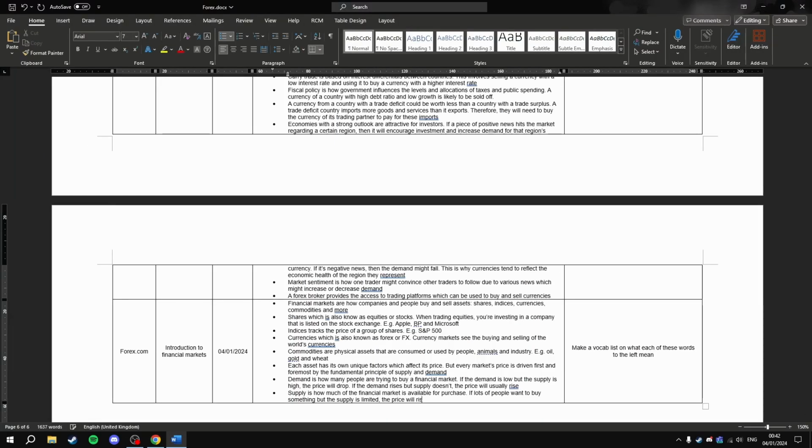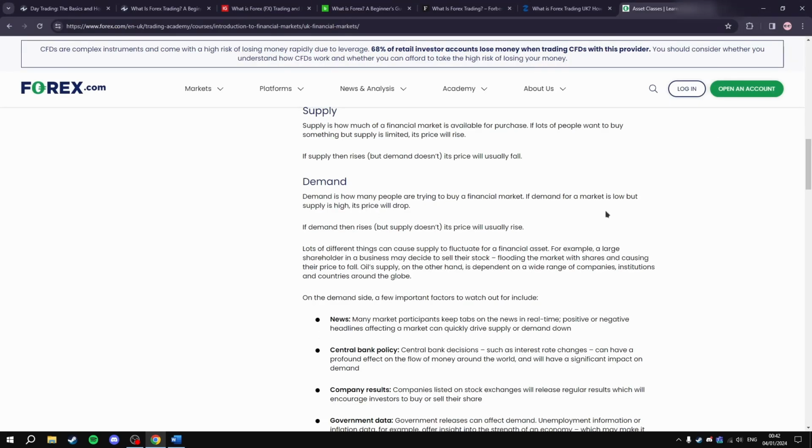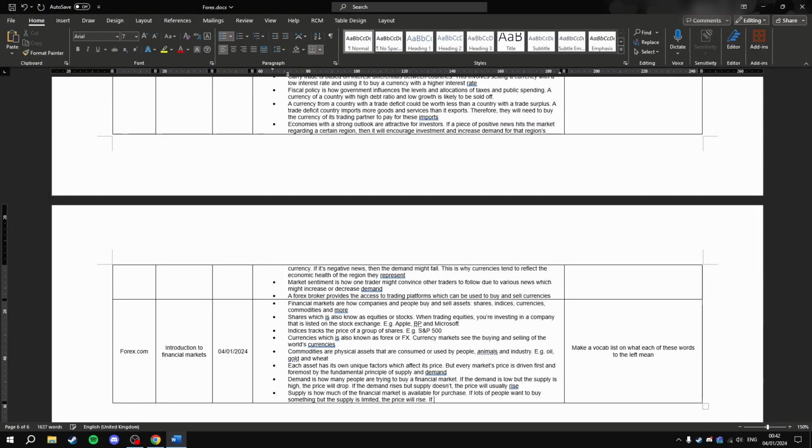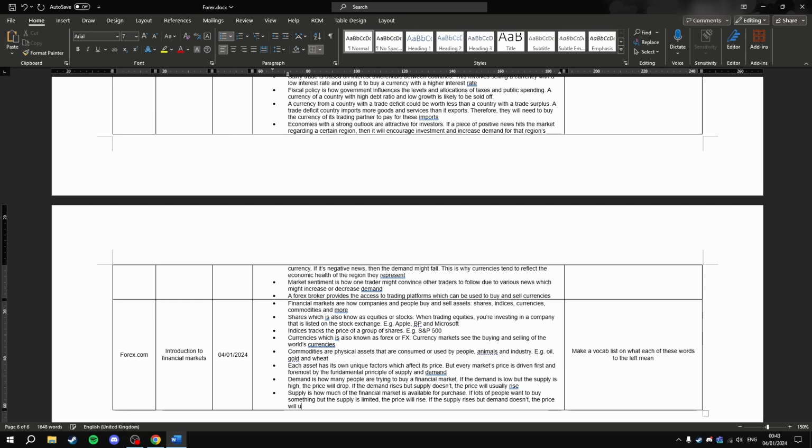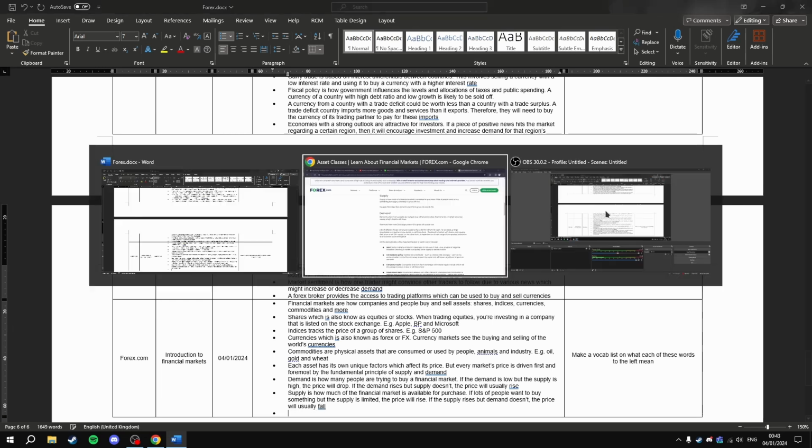If the supply rises but demand doesn't, the price will usually fall.